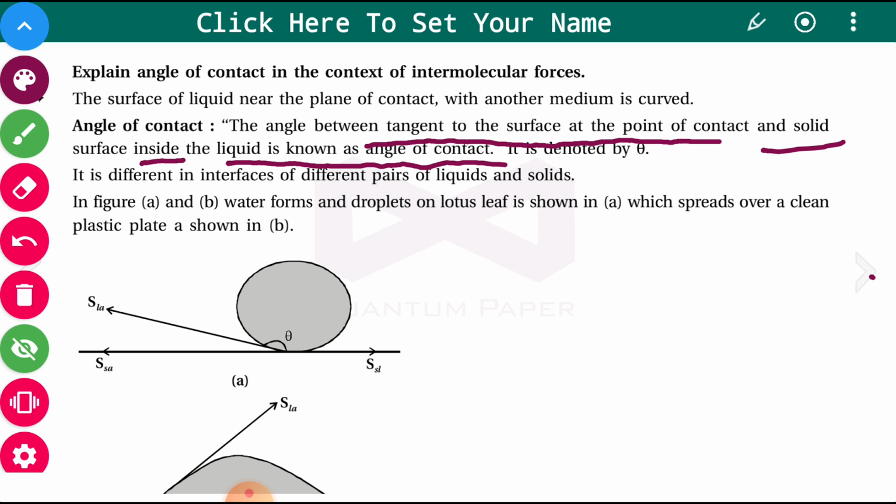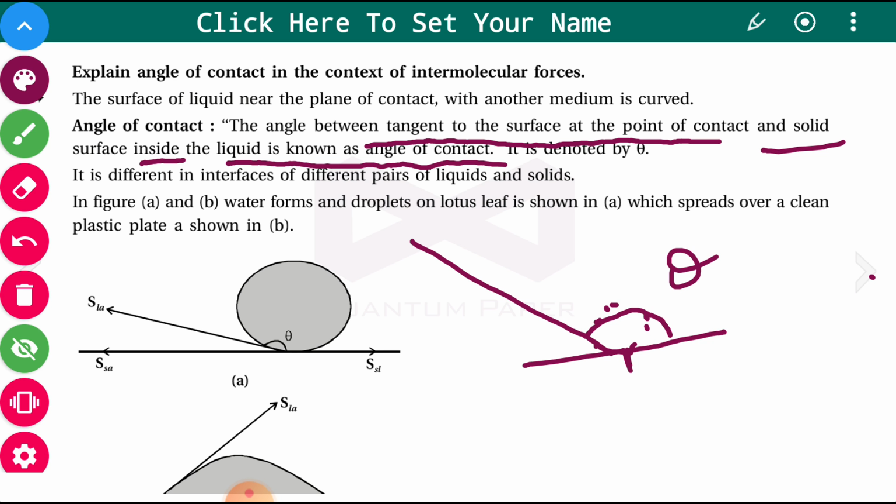For example, you have a water drop, and it will be like this. So this is the point of contact. You draw a tangent, and then this will be the angle of contact, that is theta, which is shown here.